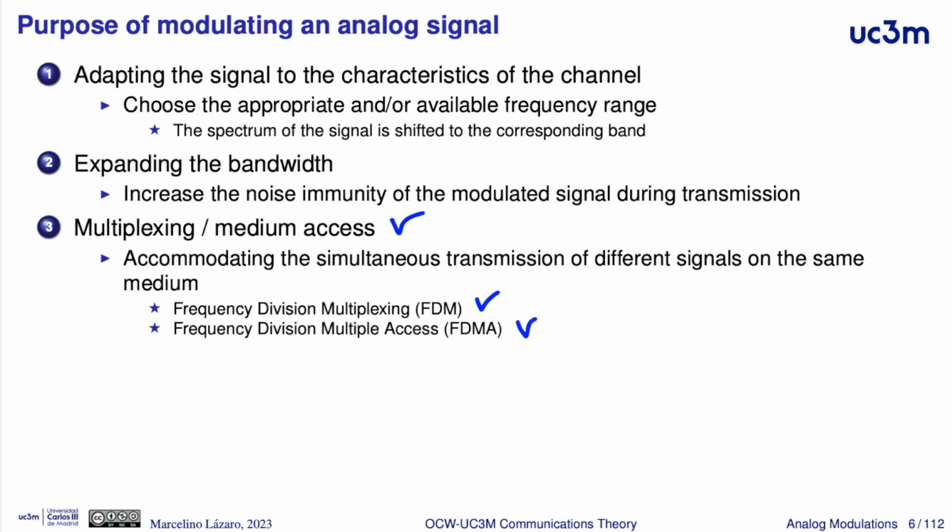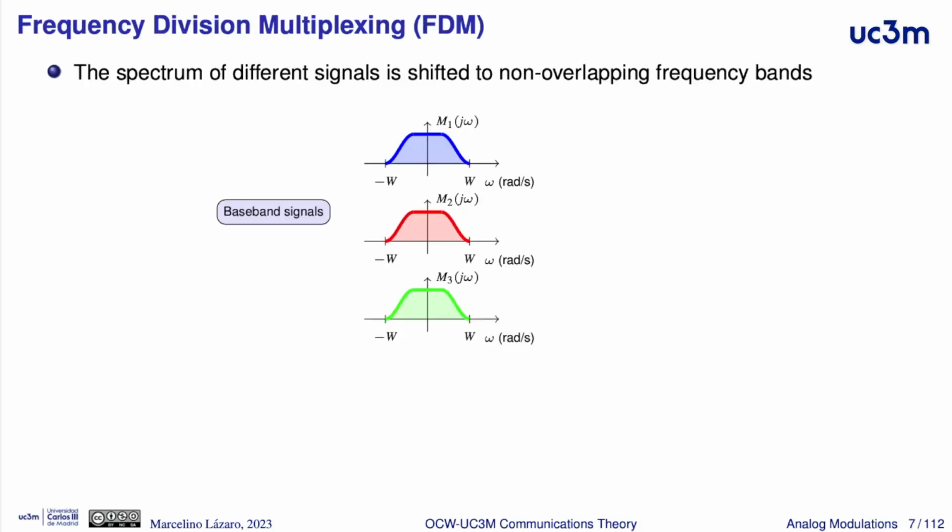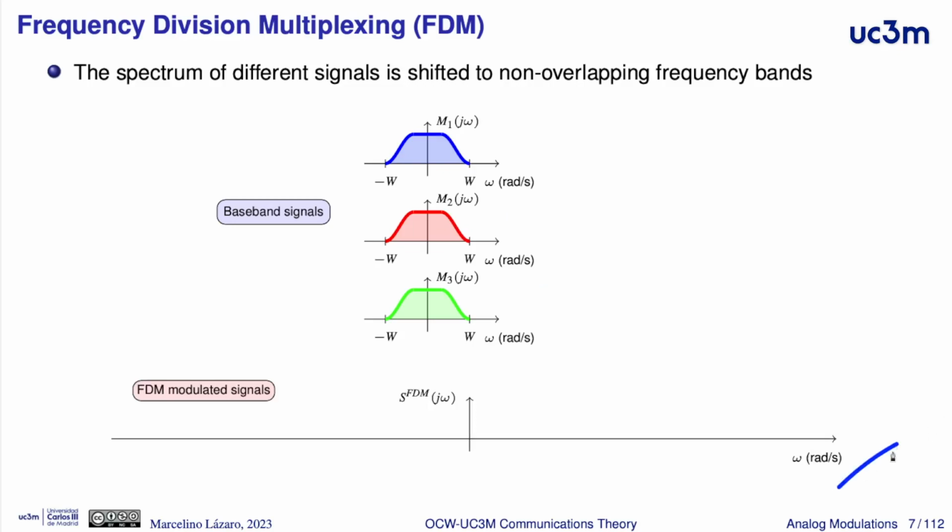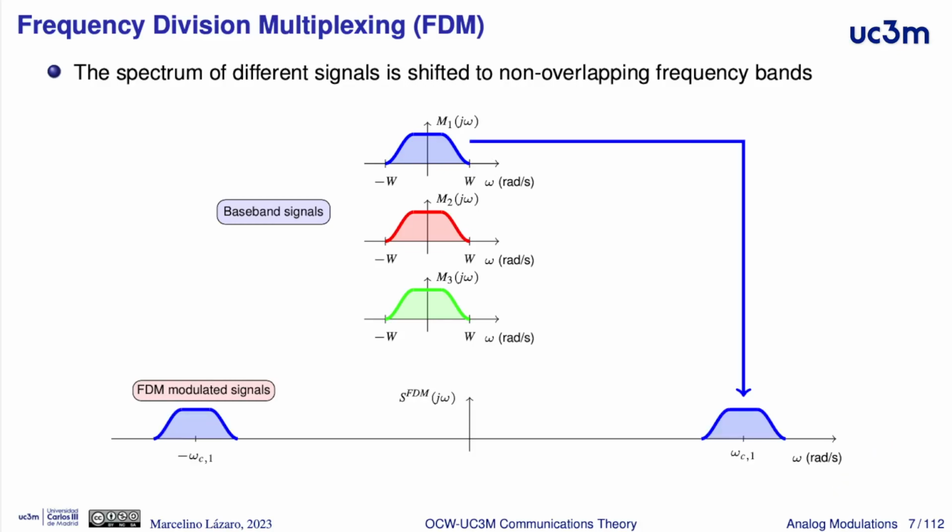Now, we are going to see the main idea of this type of multiplexing or medium access. The basic idea of frequency division multiplexing, FDM, is to shift the spectrum of different signals to non-overlapping frequency bands. If we have 3 baseband signals, for instance like these ones, and we have the available spectrum for transmission, we can take one of the signals and shift its spectrum to a given frequency band.